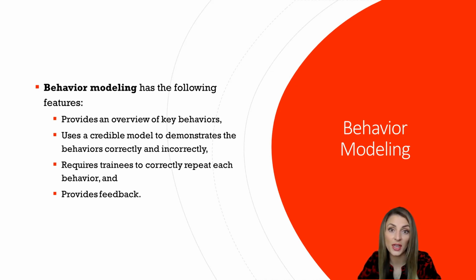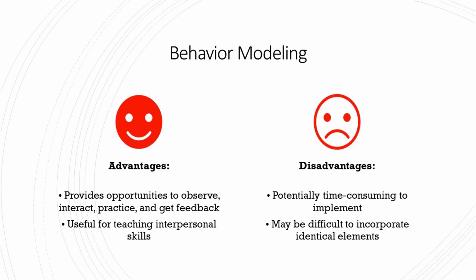Practice sessions can be filmed, and trainees can watch the film and provide additional feedback for improving how they perform the behavior. Like role plays, behavior modeling also provides opportunities for observation, interaction, practice, and feedback, but for everyone involved in the program. So it's highly effective in promoting transfer.